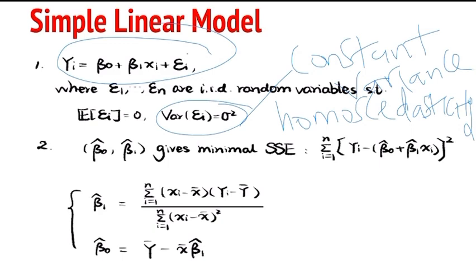So we expect that the variance of the error should be sigma squared. I told you the other time, the reason why a model is not the same as reality is because there's always going to be a gap between model and reality, and there's going to be error. The assumptions on the model revolve around the error term. One assumption is that the expected value of the error should be 0, and the variance of the error should be sigma squared.